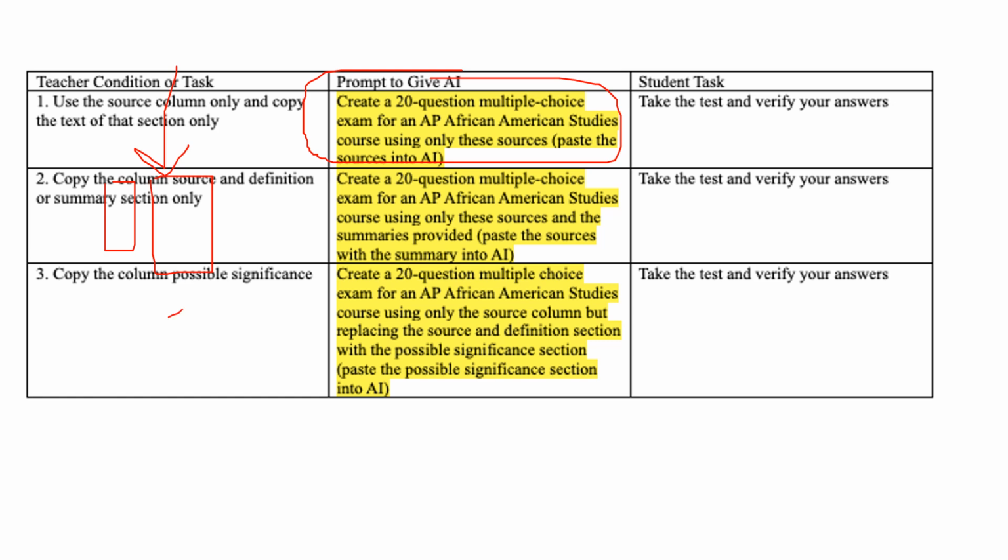And then the last column is the possible long-term significance. For this one, you are going to give it the prompt to use those same document titles and then ask it to give you some of the possible long-term significance. This only works if you have access to those particular files with the summaries provided.